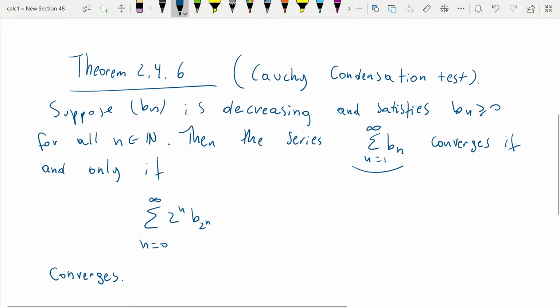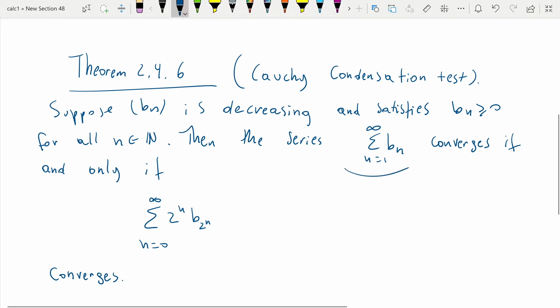So adding the bn's and obtaining a limit will imply that this other sum, just adding the b's for powers of 2 but with a weight, 2 to the n, which is very large, converges as well, and vice versa.